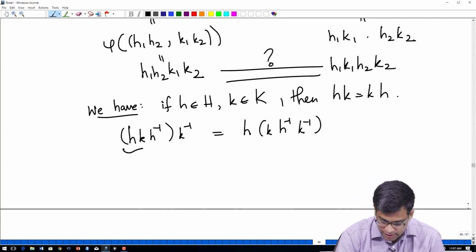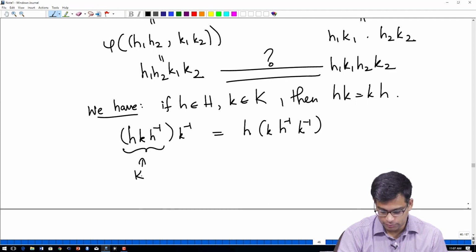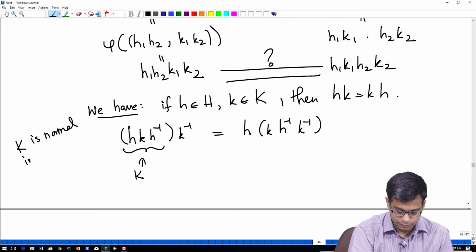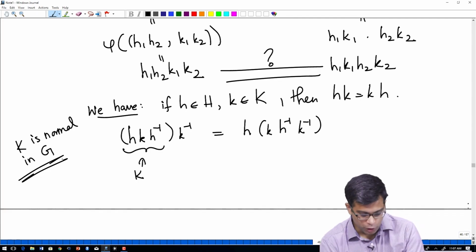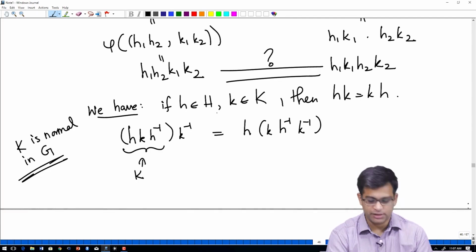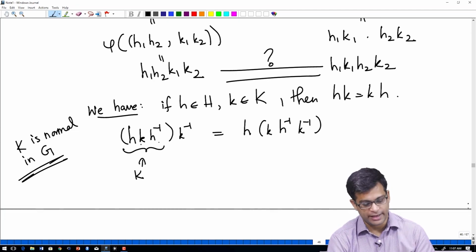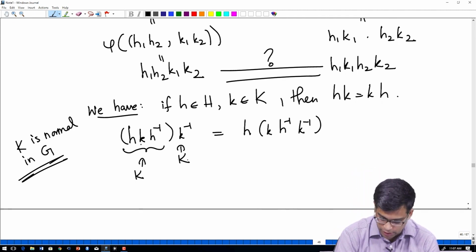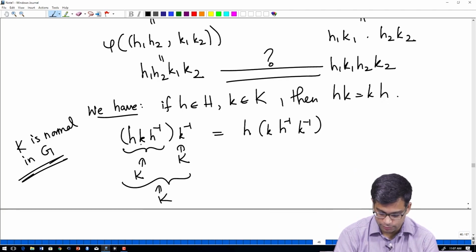But now remember that h k h inverse is in K, because K is normal in G. Small k is an element of capital K, and small h is in H, but that is irrelevant, it is in capital G. So h k h inverse will be in K. Here is where both the first, second and third Sylow theorems are being used. To show that K is the only Sylow 5-subgroup, we needed the third Sylow theorem, and to know that it is normal, we needed the second Sylow theorem. So this is in K, of course k inverse is also in K, so this whole thing is in K.